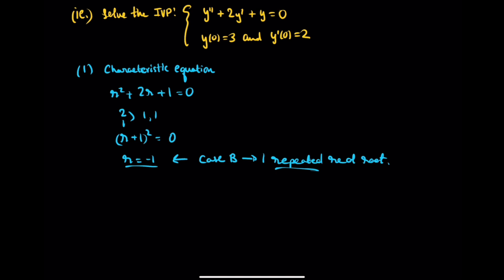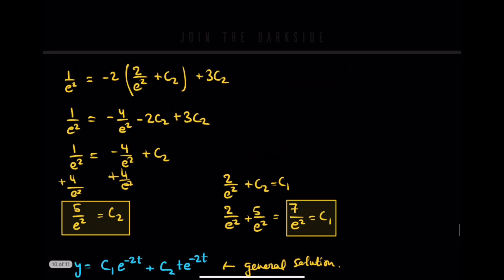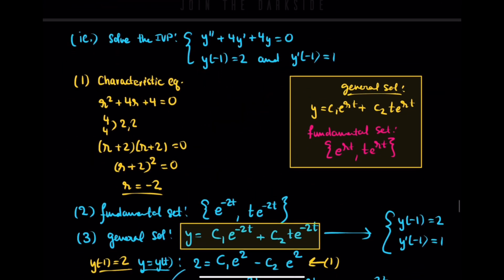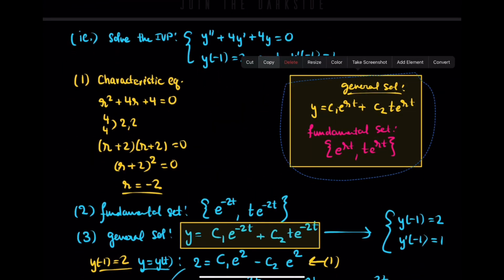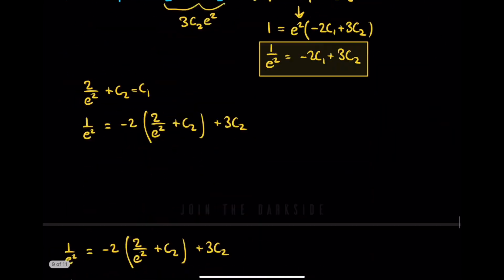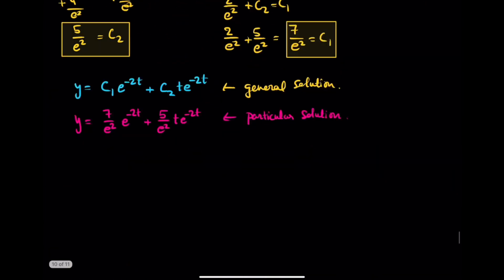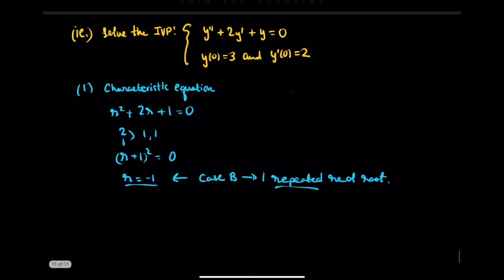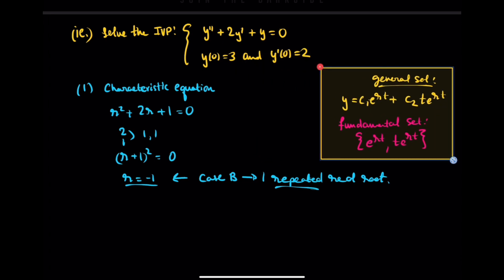Again, this is case B, so my clipboard got messed up, so I've got to go up here and steal this. This is for case B. So for case B, this is what we need.